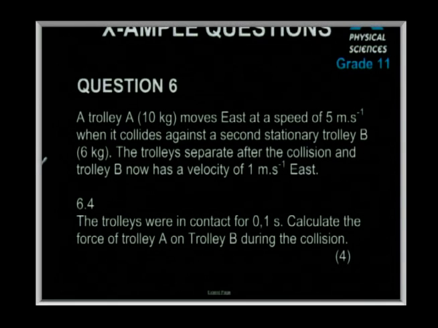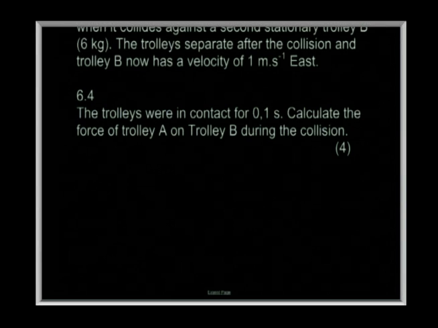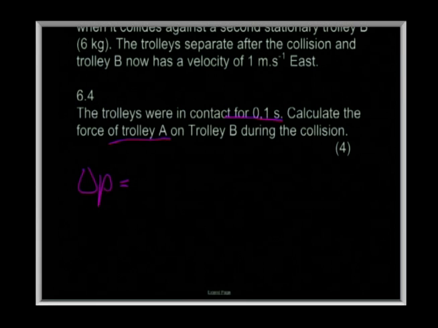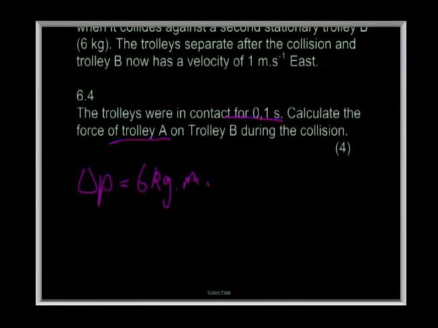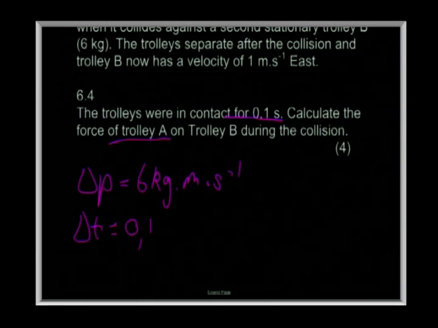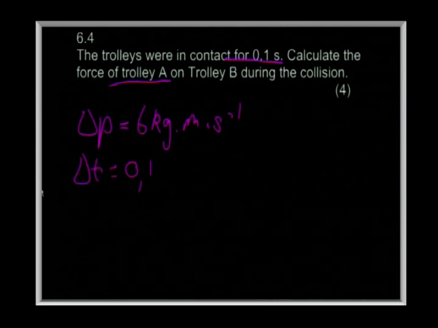Last part of the question tells us the trolleys were in contact for 0,1 seconds. Calculate the force of trolley A on B during the collision. So what we've got is the change in momentum, 6 kilogram meters per second. We've got the time, 0,1 seconds, and we need to find the force.